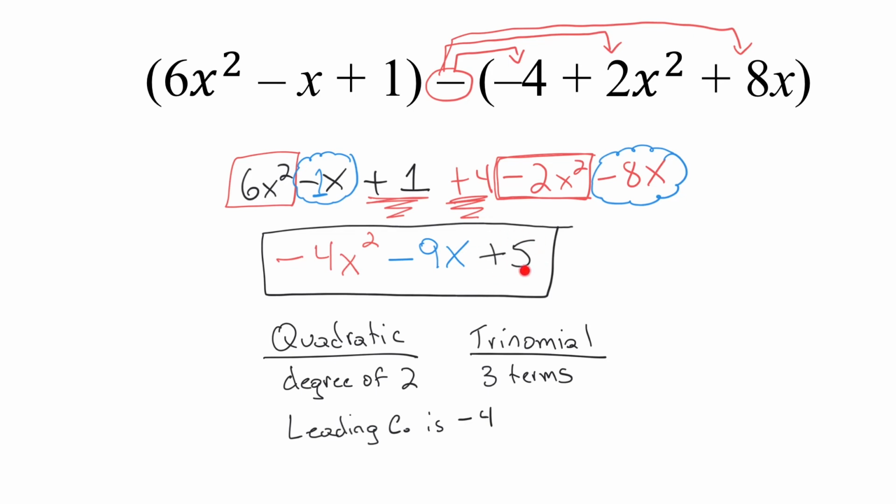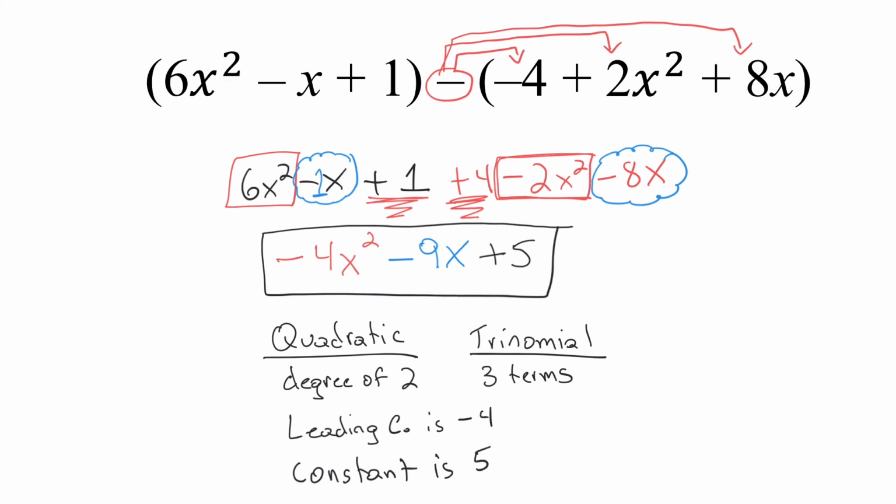So this number here at the end of the polynomial doesn't have a variable, so I'm going to put constant is positive 5. You will later on graph polynomials, so the leading coefficient and the constant will help you a lot. But right now we're not graphing, we're just subtracting.